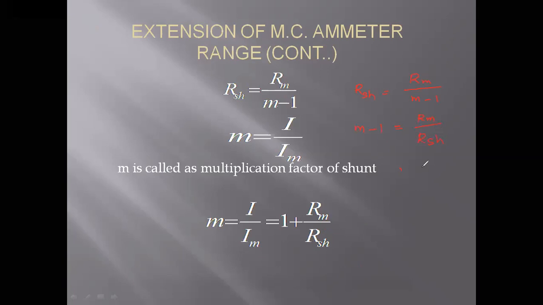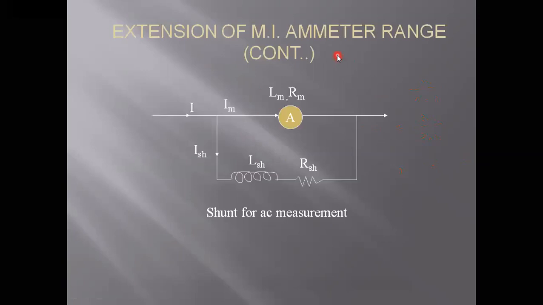So M is equals to, I'll take 1 to the other side of the equation, 1 plus RM by RSH. Thus, we can extend the range of MC ammeter as shown earlier.